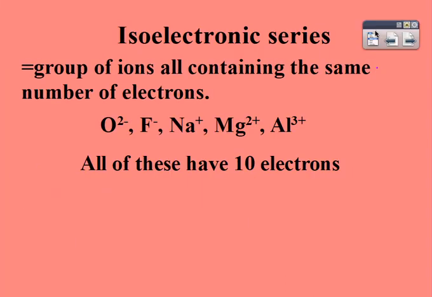The last thing is isoelectronic series. When a group of ions all contain the same number of electrons, they're referred to as isoelectronic. This group of ions are isoelectronic because they all have 10 electrons. When you're trying to figure out which is the largest or which is the smallest and they're isoelectronic, you're going to look at the protons and electrons.